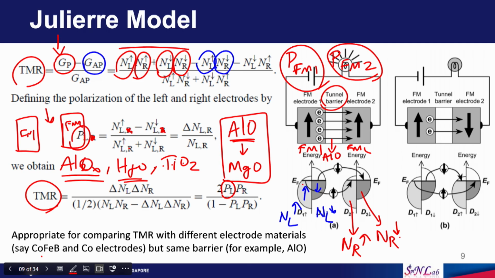You are studying the different oxides and measuring the TMR. Then you cannot use the Julliere model to explain your result, because the Julliere model ignores the barrier layer. It only considers the probability for electrons to tunnel from one side to the other based on the ferromagnetic density of states. So this model explains TMR only based on the ferromagnetic layer properties, and it ignores the barrier layer property.